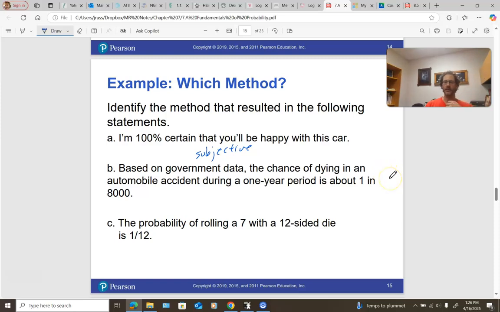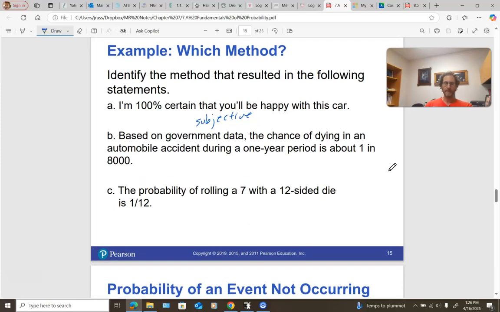And this is typically how it's done with insurance companies. They look at past data to help them determine how likely you are to be involved in an accident, or how likely you are to develop lung cancer or whatever. So this is relative frequency.